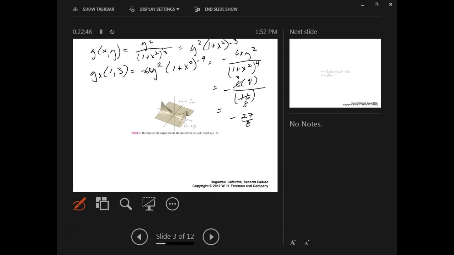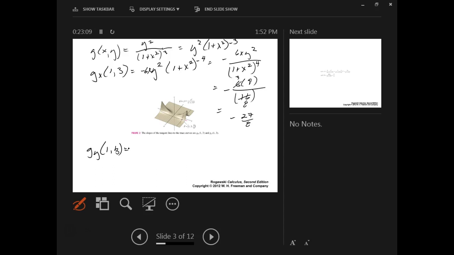Let's make sure they got it right. Minus 27/8 is good for them. Now let's do g sub y, evaluated also at 1, 3. But what do you do first? Yeah, you take the partial with respect to y with the variables in it, and then you plug in otherwise.